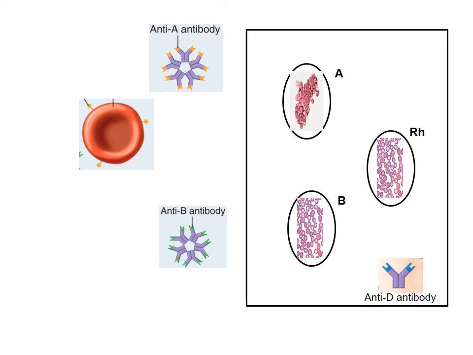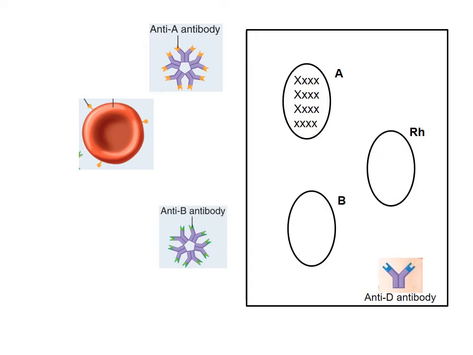So on this, I tried to draw it to where it looked like it. I don't know that I like the way that looks. It's hard to tell the difference on that. So what I would do is just draw little X's. These X's mean agglutination, right? So if I'm looking at this, it tells me that the anti-A antibody found the A antigen, so it is present.